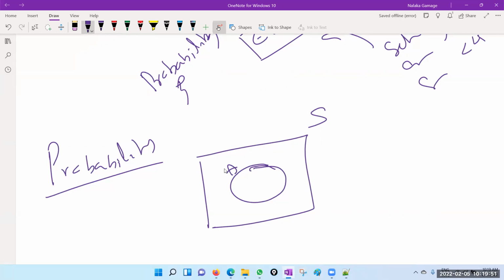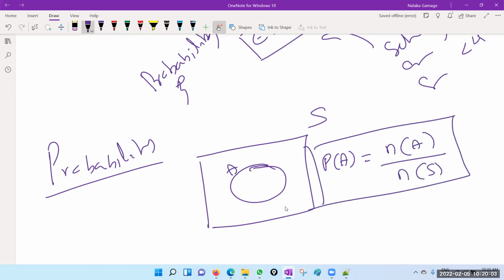Okay. A is an event. So probability of event A happening is number of elements in event A divided by number of elements in sample space. So that is a fundamental formula of probability. Okay, that is a fundamental formula of probability. So it's very, very important. This is event, right? Be serious.